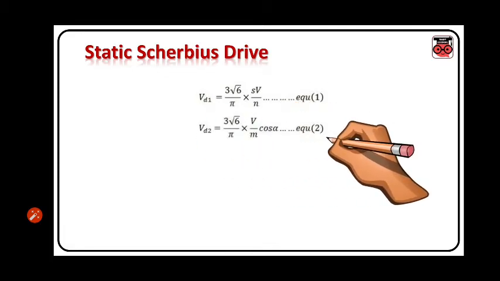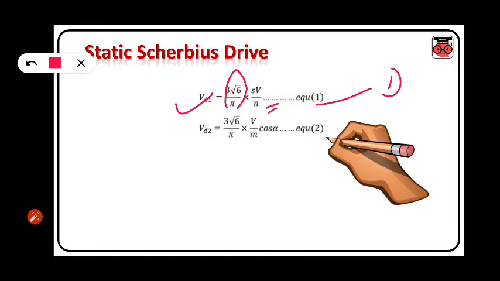Now, voltage Vd1 equals 3 into root 6 by pi into SV upon N. Consider this equation 1. And Vd2 equals 3 into root 6 upon pi into V upon M into cos alpha. Consider this equation 2.